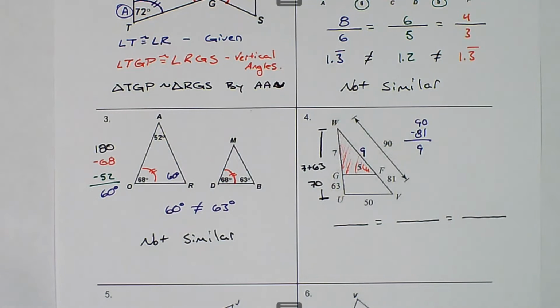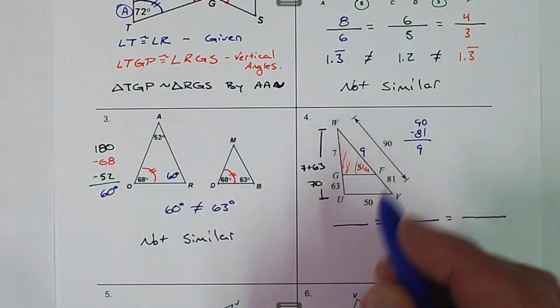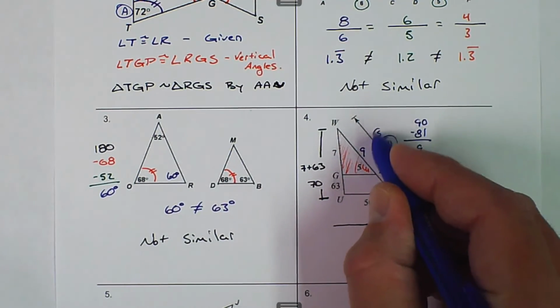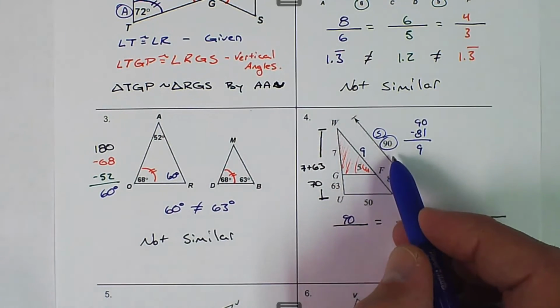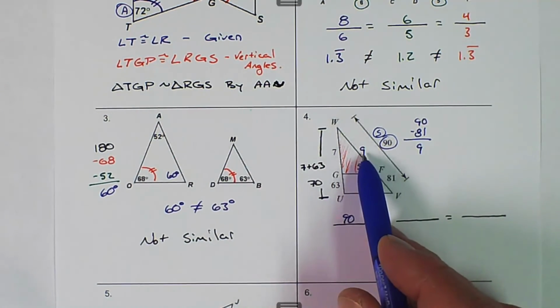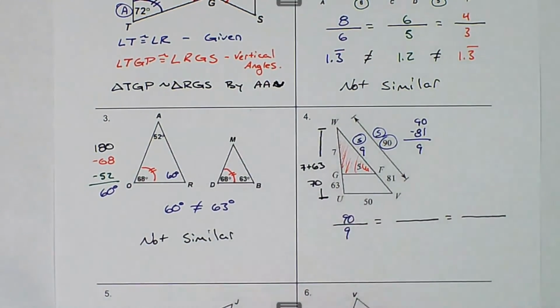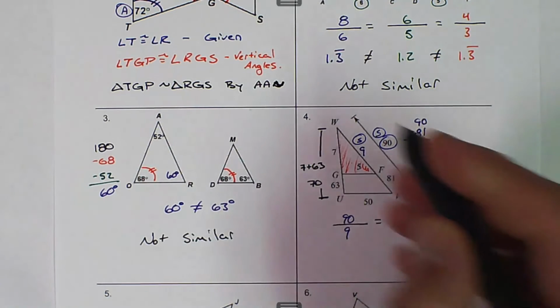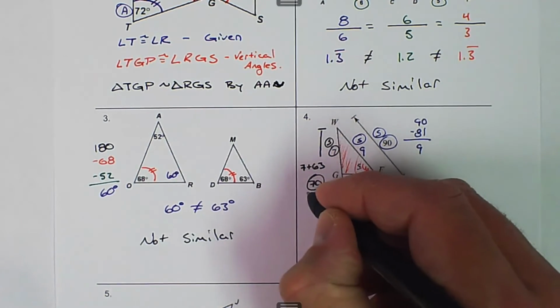And again, we want to say big to big and small to small. So we can say 90 is the largest side of the large triangle. And we have 5, 7, and 9. So 9 has to work here, or it won't work at all. Then we have 7 compared to 70.